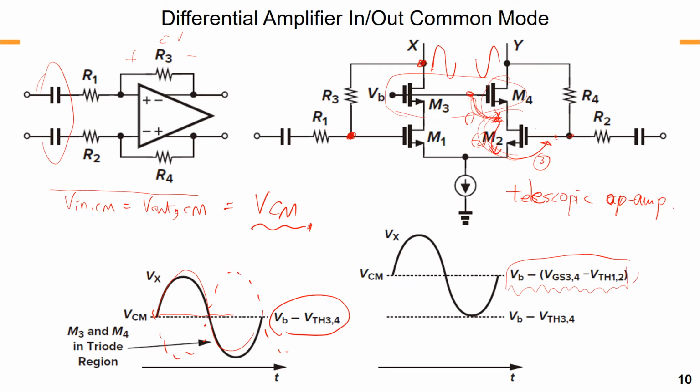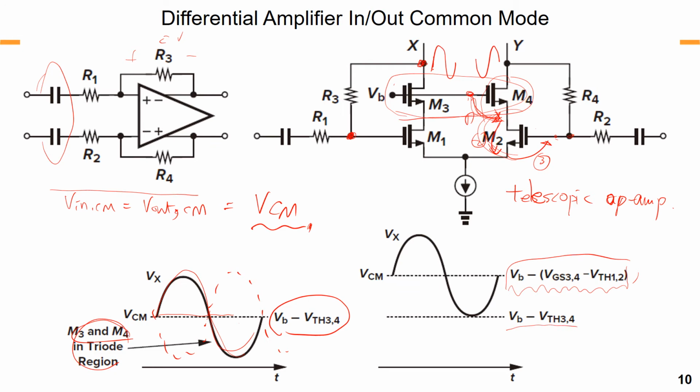If the swing is too large on one side, then the cascode devices M3 and M4 will be in the triode region, so there is also a swing limitation. And if the common mode goes high, there is also a limitation.